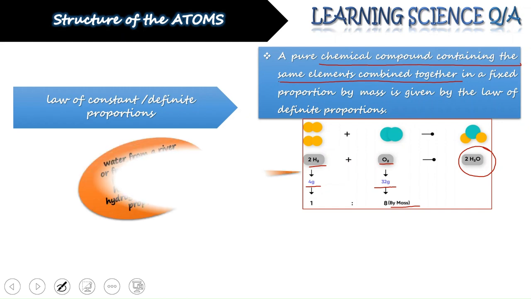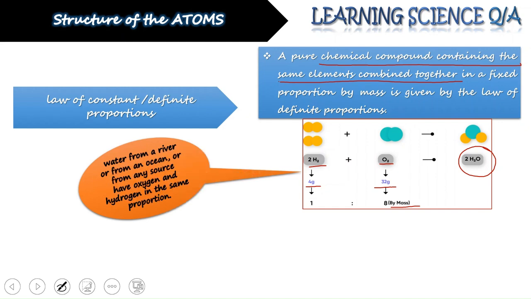This ratio will be maintained whenever we are taking water from any ocean, from river, from any stream, from whatever source we are taking water from. The ratio must be 1 is to 8 by mass.